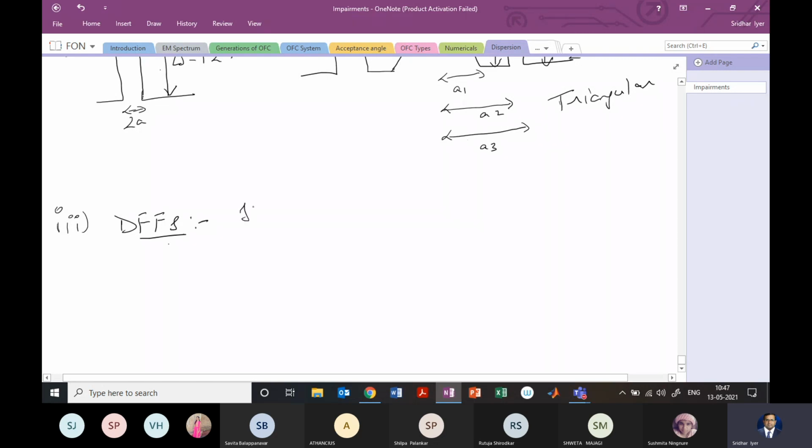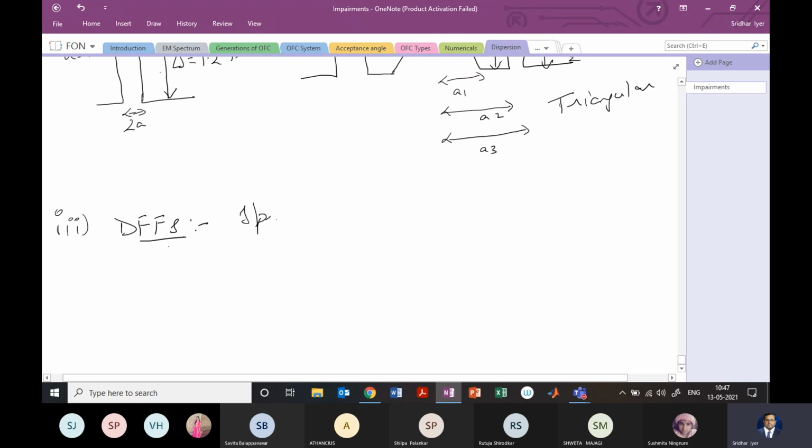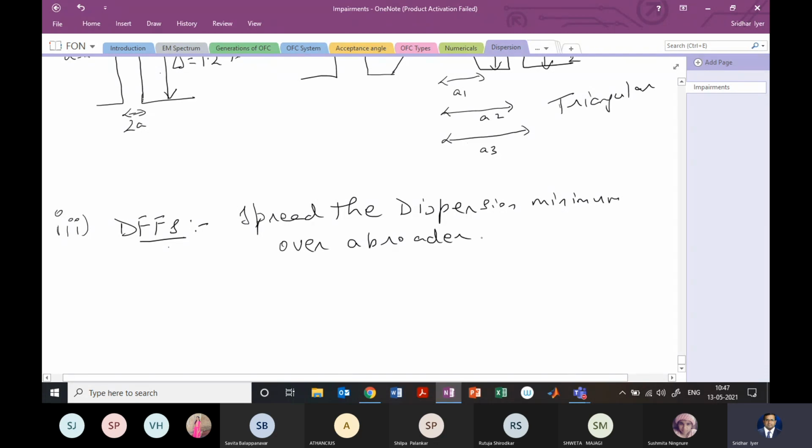That means spread the dispersion minimum over a broader range, right? So by doing that, we can get a minimum at different values of the wavelengths, right?